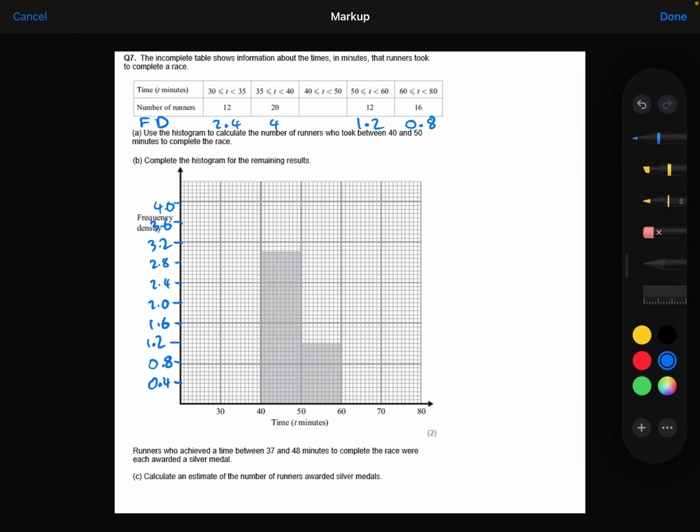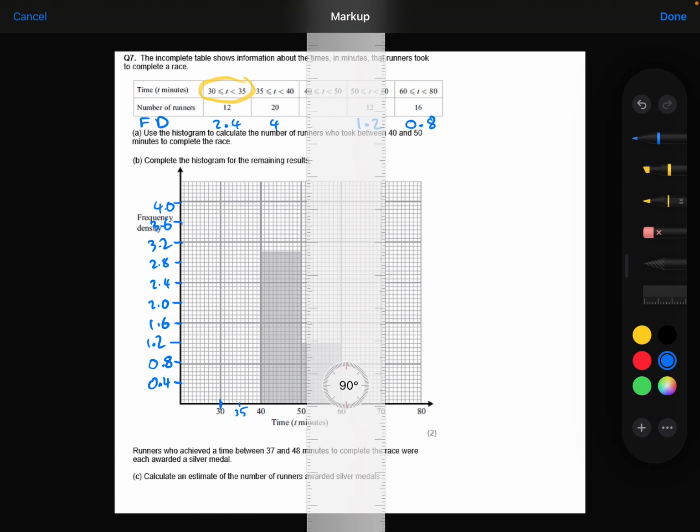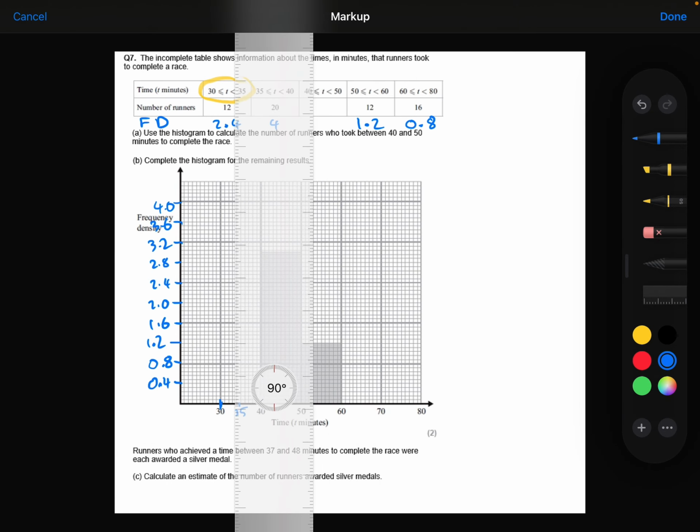Right, hopefully that's going to allow me to now complete the histogram, because the first bar between 30 and 35, so here's 30, 35 is going to be here. So let's get our ruler. We need to draw this at 2.4.